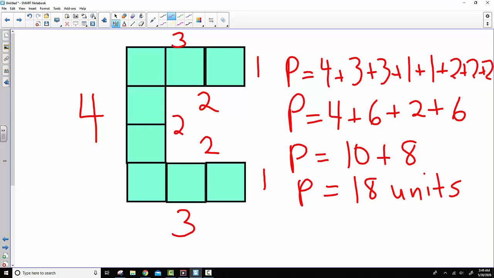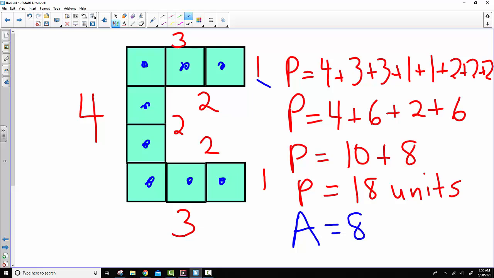The area will be simpler to calculate. So let's again look at this figure and find our square units. We can count them. 1, 2, 3, 4, 5, 6, 7, 8.